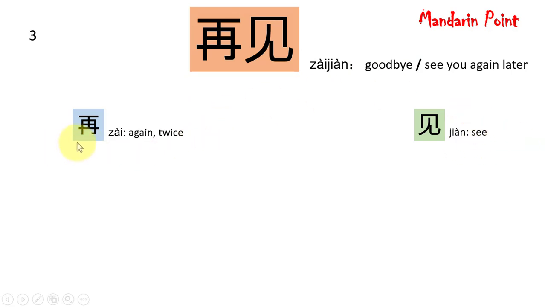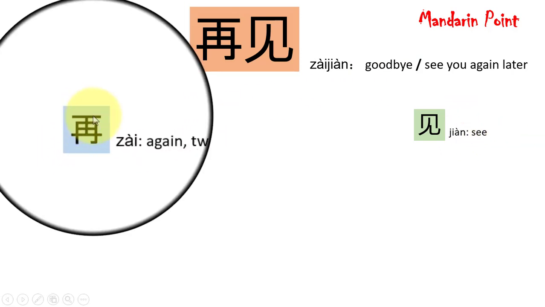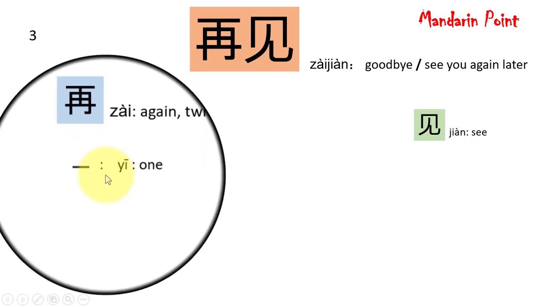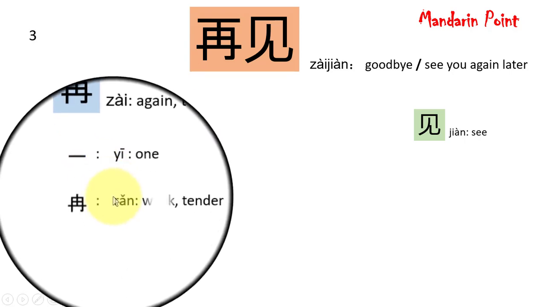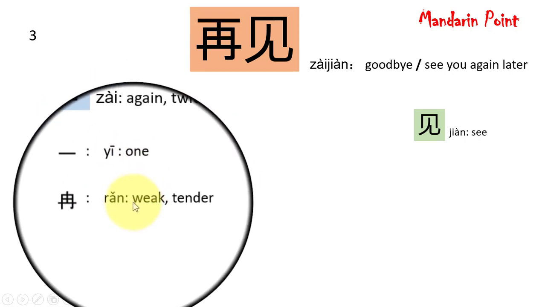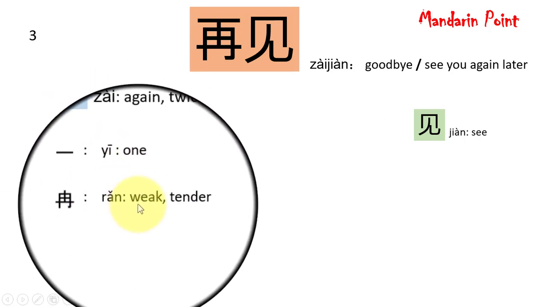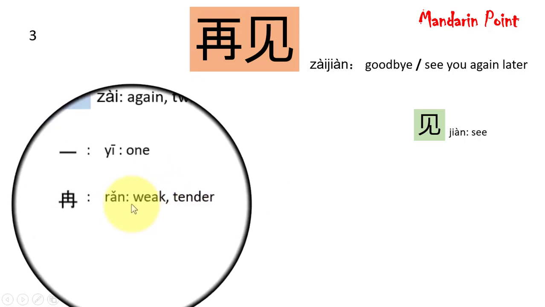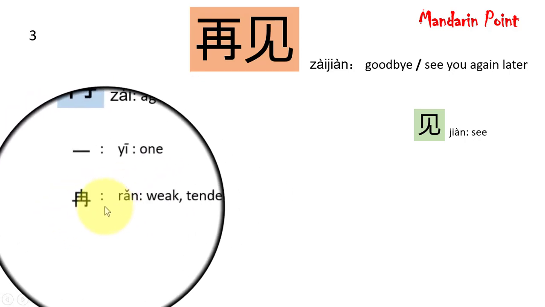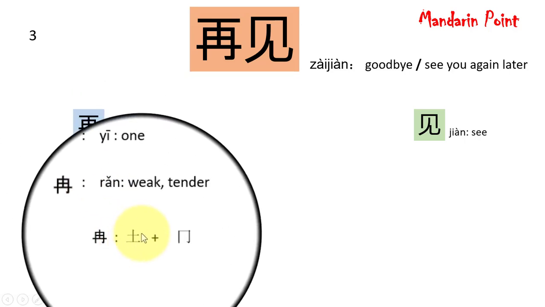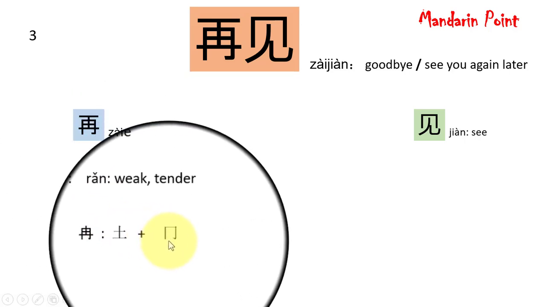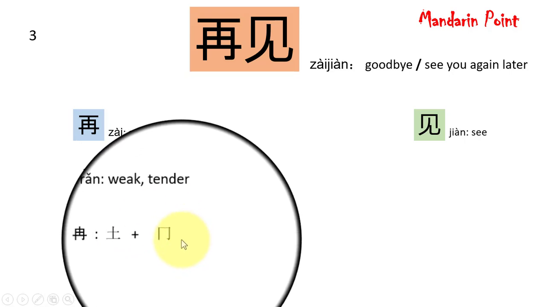So this zai can further be decomposed. At the top of it, it is very simple, yi, which means one, and on the bottom side it is ren, third tone, which means weak or tender. And this ren can further be decomposed. It is composed of this tu, which means soil or earth, and this jiong, which means wide box.